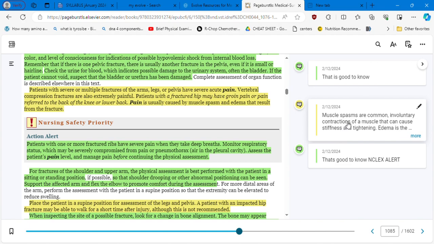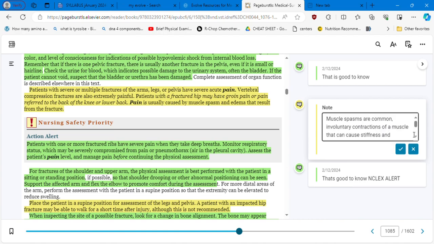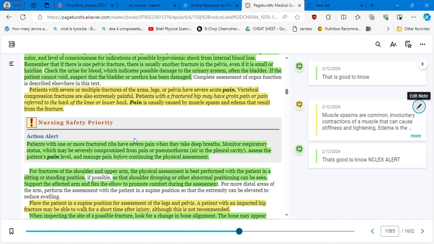So muscle spasms are common involuntary contractions of a muscle that can cause stiffness and tightness. Edema is the medical term for swelling caused by fluid trapped in your body tissues. Okay, nursing safety priority. This is good to know.